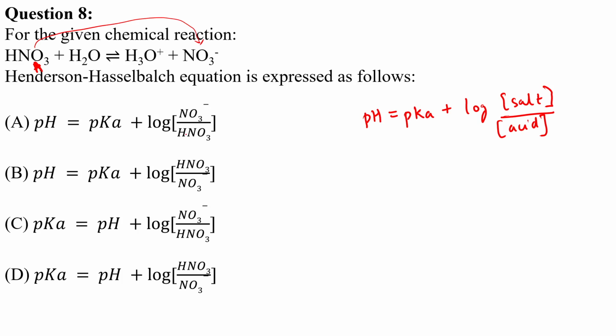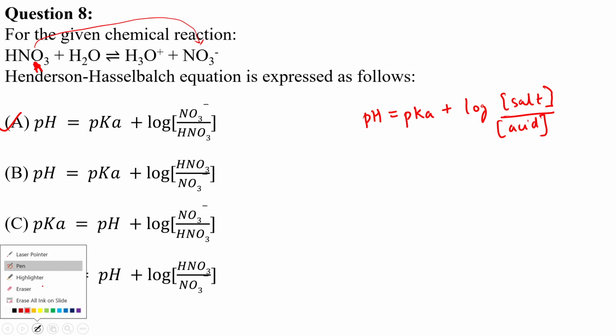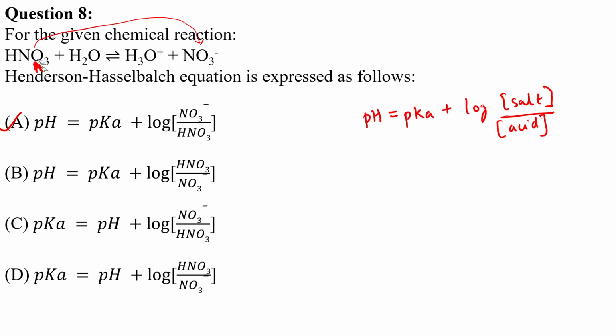We have log of NO3 minus, that is the conjugate salt, divided by the acid, that is HNO3. Log of salt concentration divided by concentration of acid. Okay, this is clear.